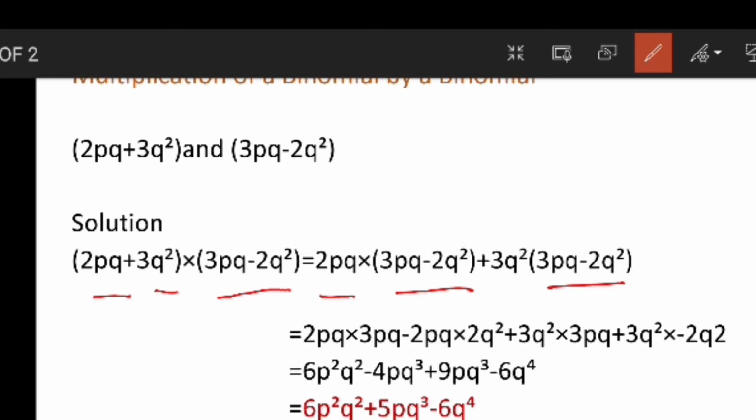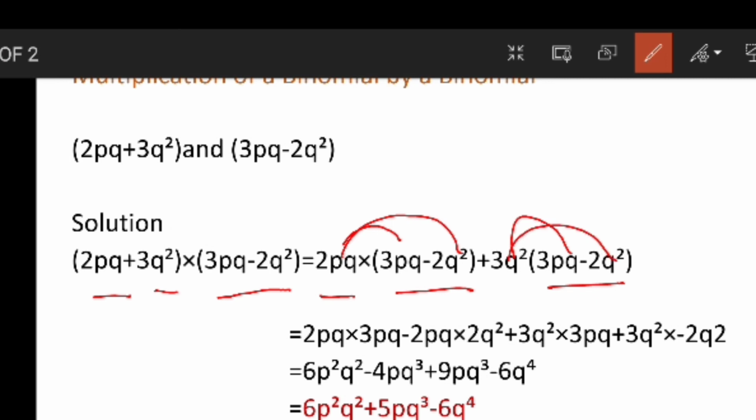So we are going to multiply first 2pq into 3pq and 2pq into minus 2q squared, again plus 3q squared into 3pq and minus of 3q squared into 2q squared.